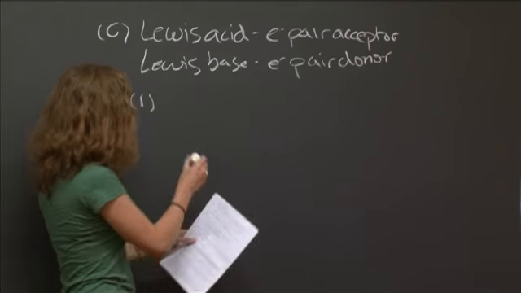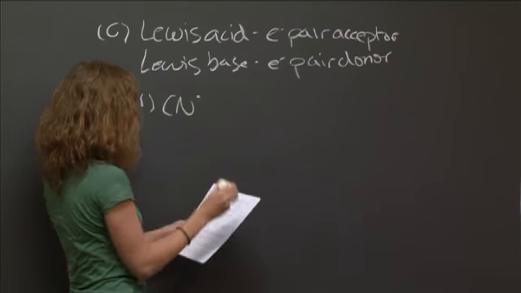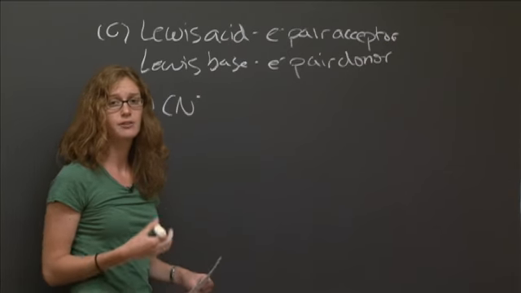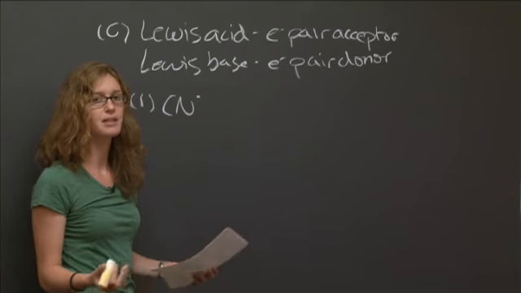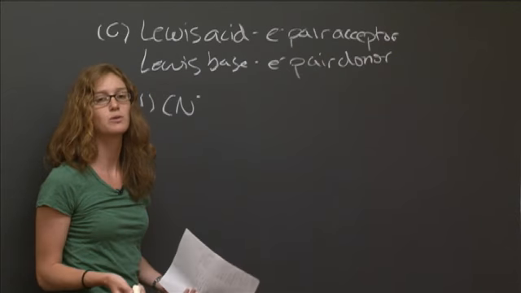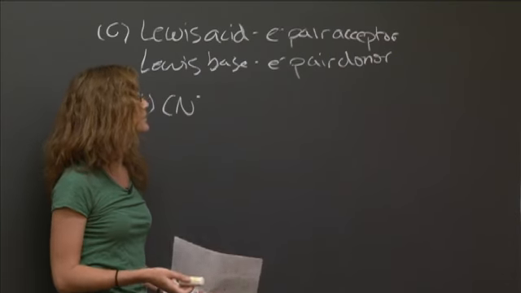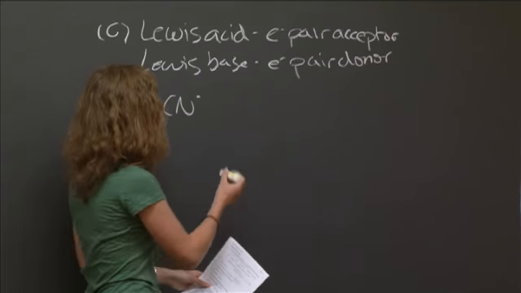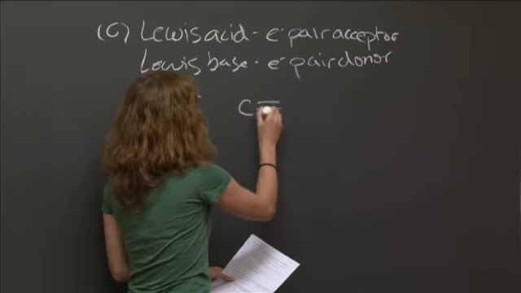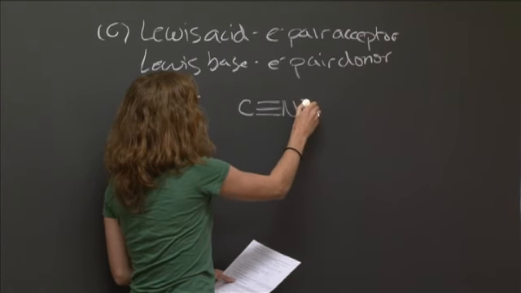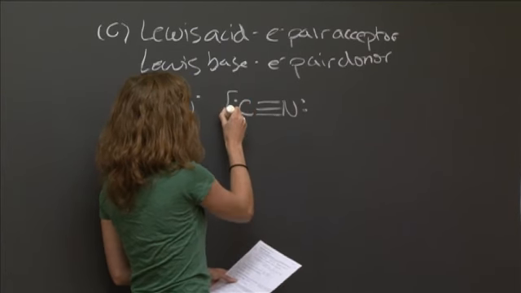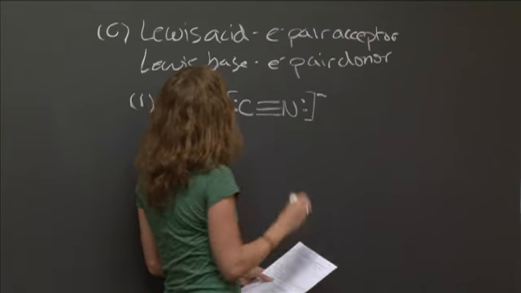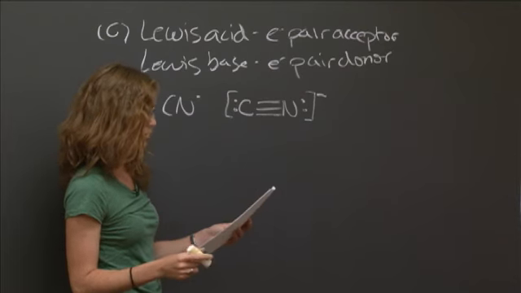The first part is asking us about the cyanide ion. And to clarify it for yourself, and because we're asked about Lewis acids and bases, which deal with electron pairs, it might be helpful to draw the Lewis structure. So for this molecule, a good Lewis structure looks like this. And it has a net negative charge.